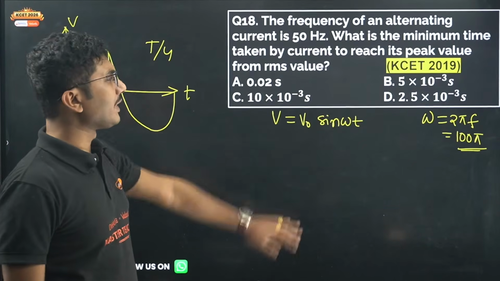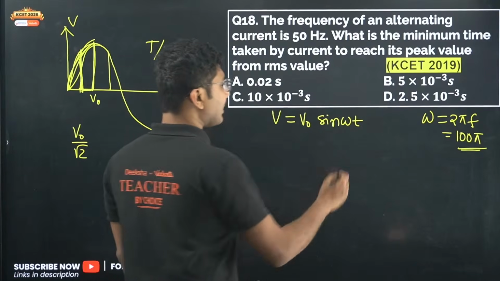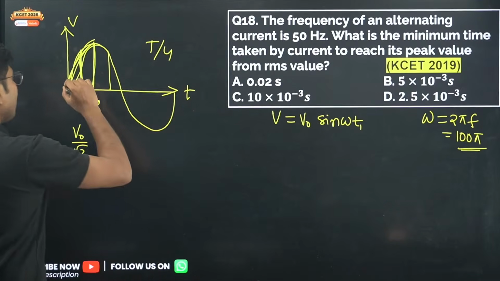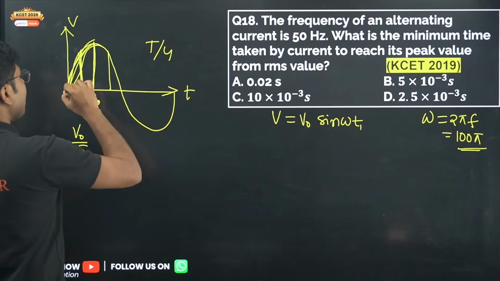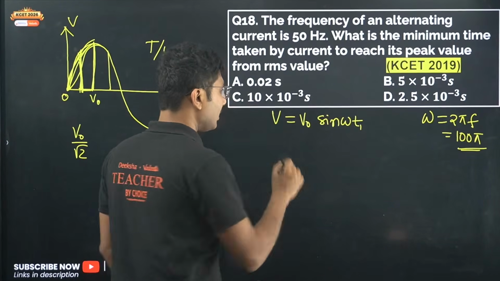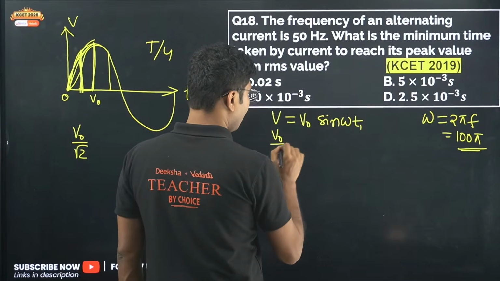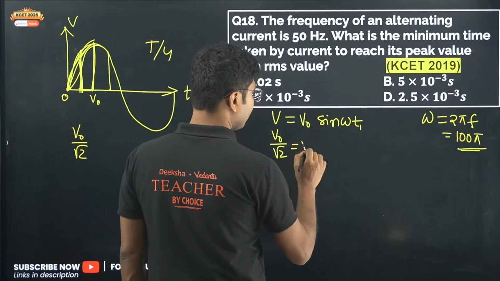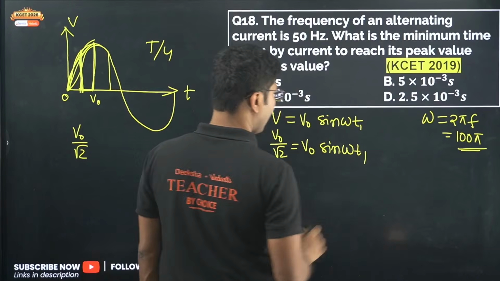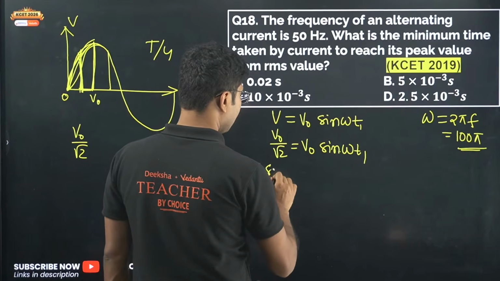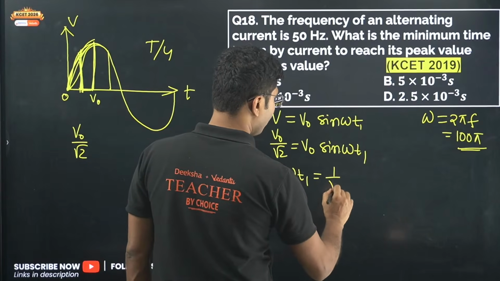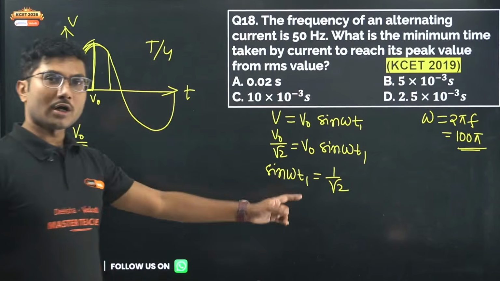So first we will calculate the time required, starting from 0, to reach the RMS value. That is easier to calculate. So V naught by root 2 equals V naught sine omega t1. So sine omega t1 equals 1 upon root 2. Now what is the value of 1 upon root 2?